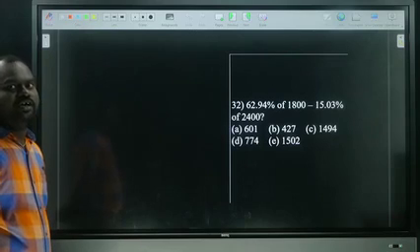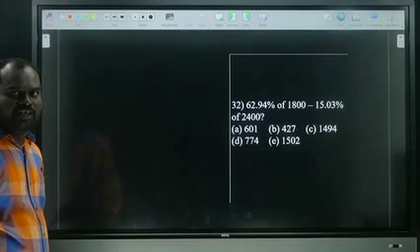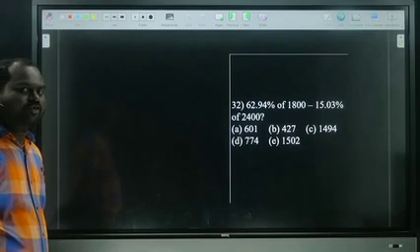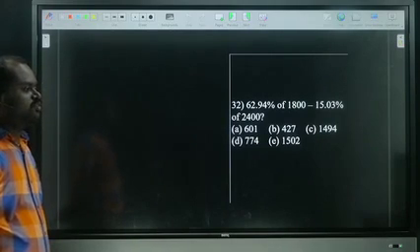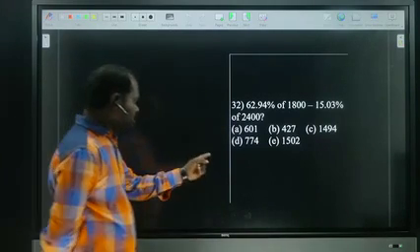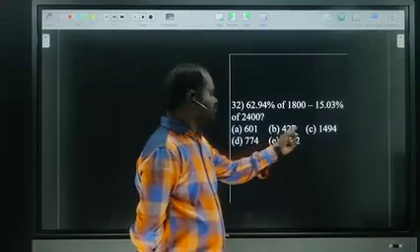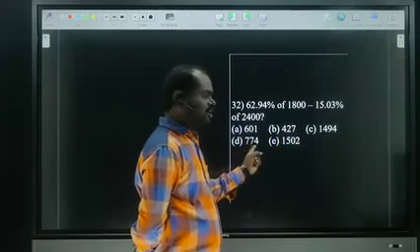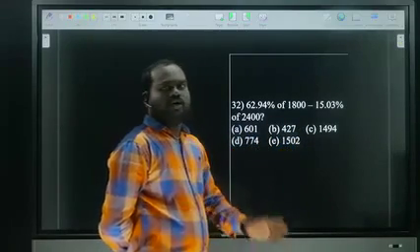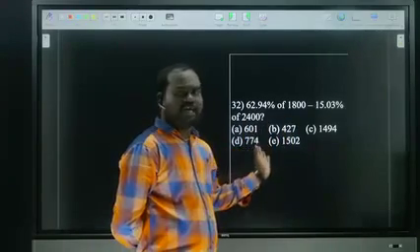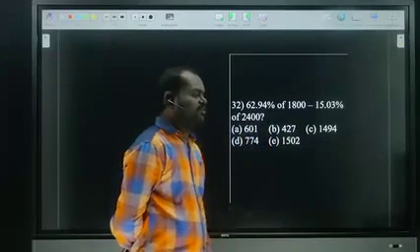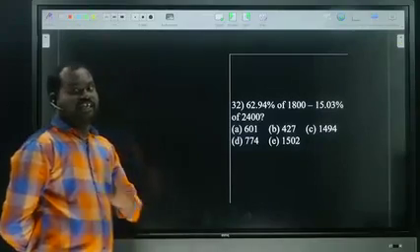First of all, what I said, whenever there are multiplication or division symbols, first of all don't solve. First see the options: 601, 427, 1494, 774, 1502. Options are not close. There is a very big gap from option to option, hundreds of gap. So we can solve.